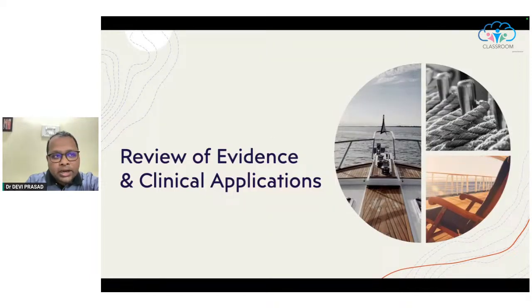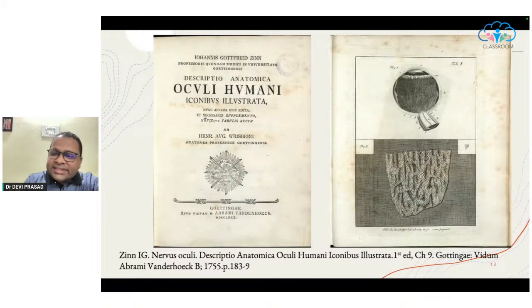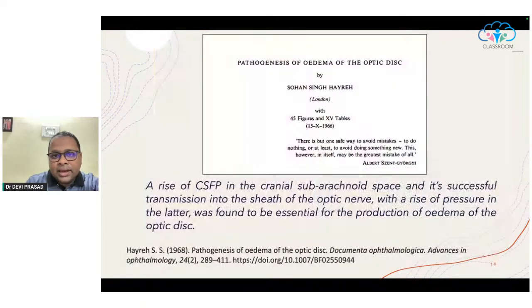Now we go to a review of the evidence and clinical applications. So this dates back to 1780, in which the presence of meninges around the optic nerve had been documented by Zinn, but it was not before 1968 that the great Sohan Singh Sahere showed that a rise in cerebrospinal fluid pressure in the cranial subarachnoid space and its successful transmission into the sheath of the optic nerve, with a rise of pressure in the latter, was found to be essential for the production of edema of the optic disc.